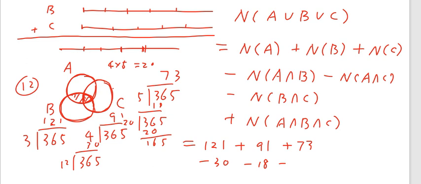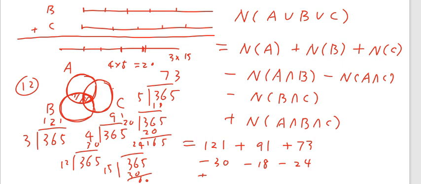That is 4 and 5, so the common multiple is 20, and 365 divided by 20 is 18 days. Then we add the days that all 3 of them call her.